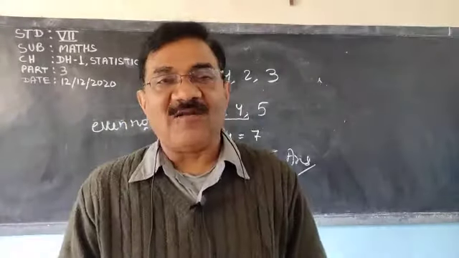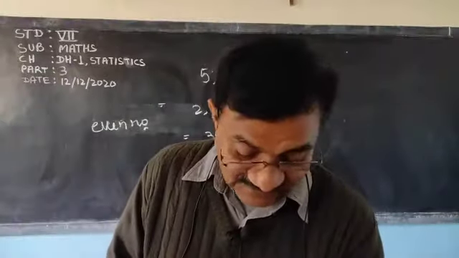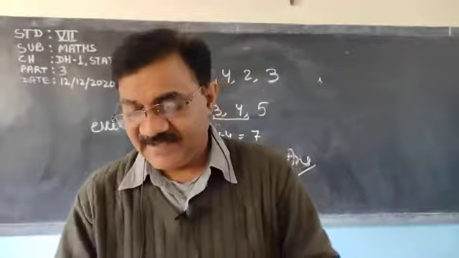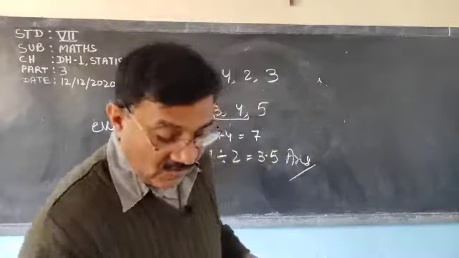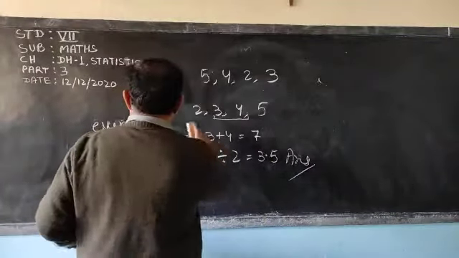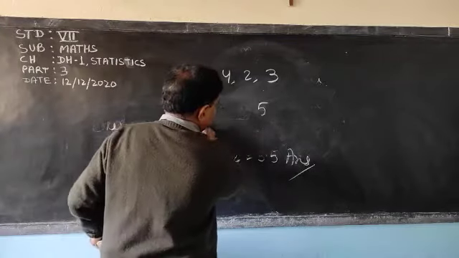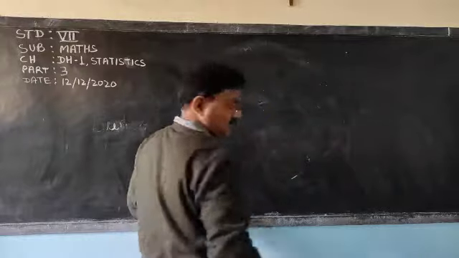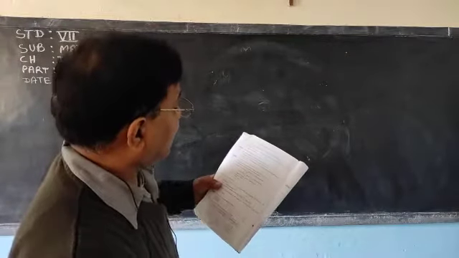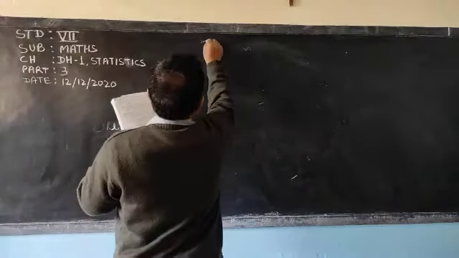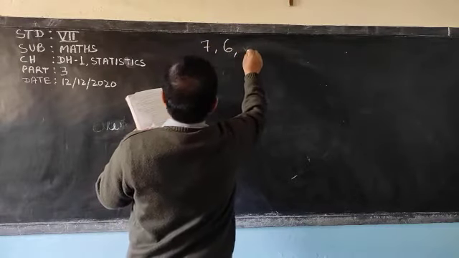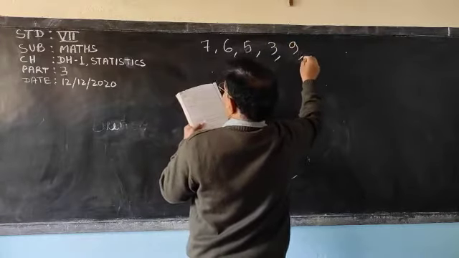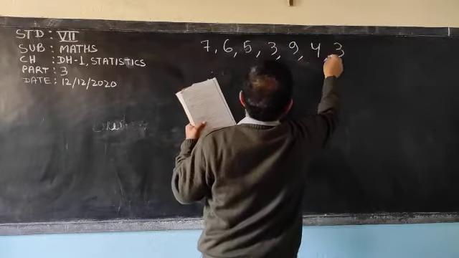Now there is a formula. Let us use the formula and then we will solve median. One question from the example I am solving. Find the median of 7, 6, 5, 3, 9, 4, 3.